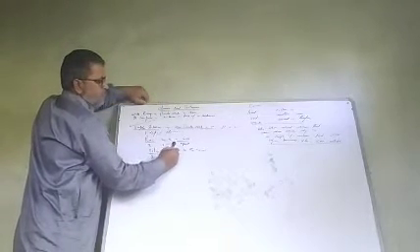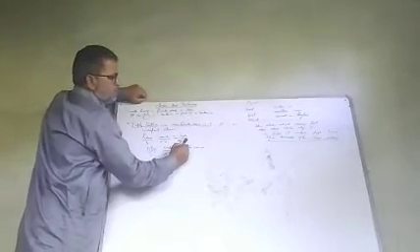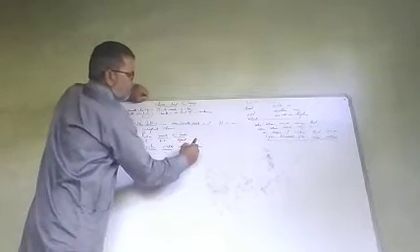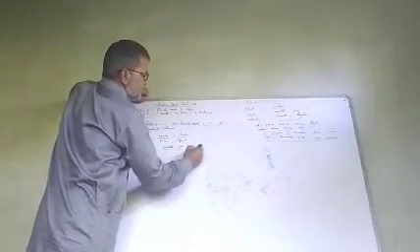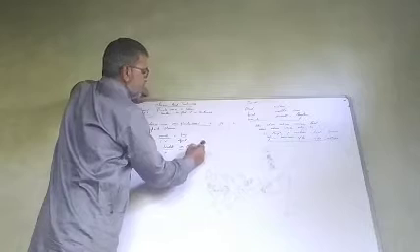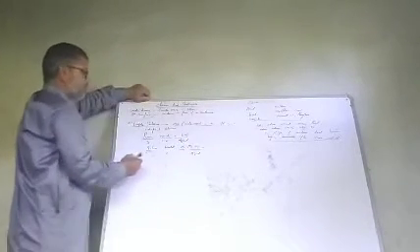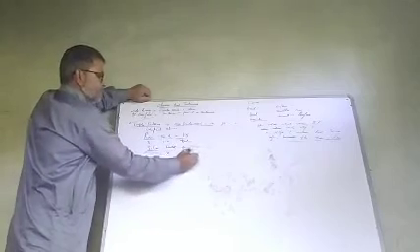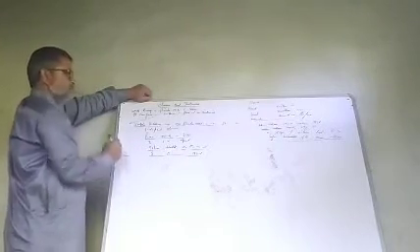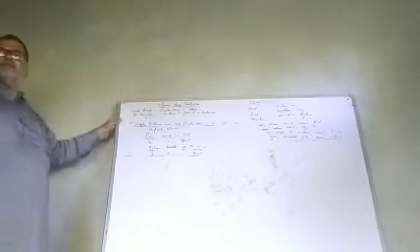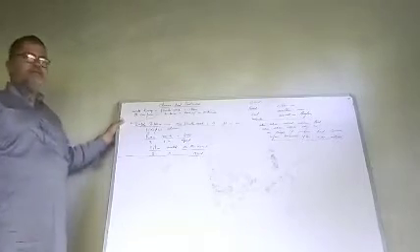Sita is subject, walks is finite verb, on is preposition here, and road is object. So a simple sentence contains only one clause.